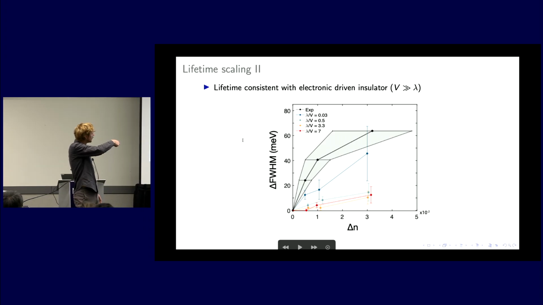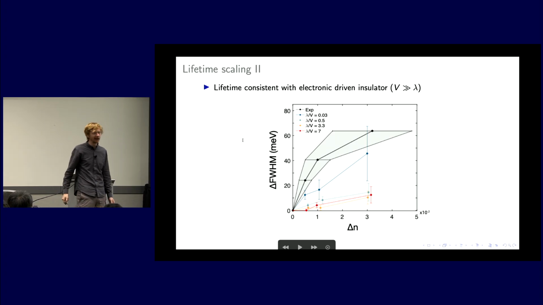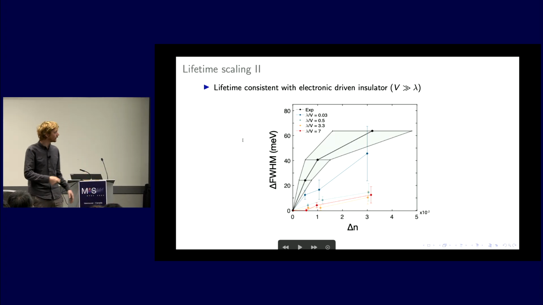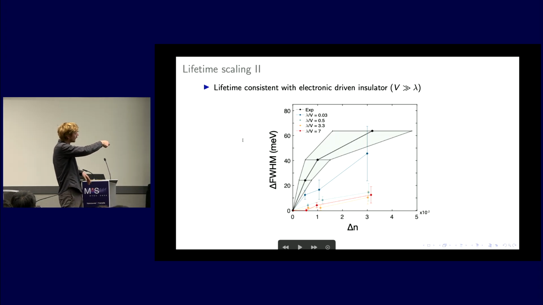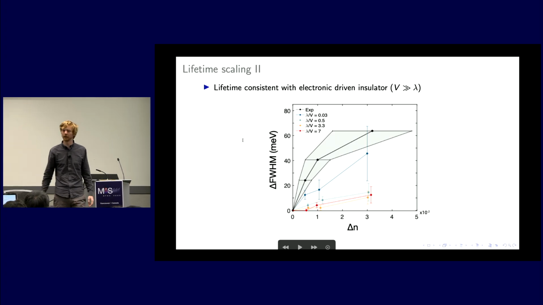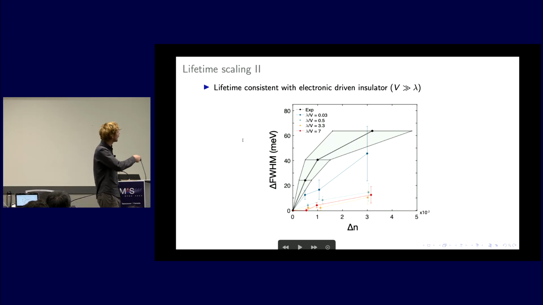The blue curve here is for the mainly electronically driven situation. Then we go continuously to the lattice-driven situation, which is the reddish lines. What you see is a very strong reduction in the change in the full width at half maximum between the two cases. And the experimental data are now the black ones.